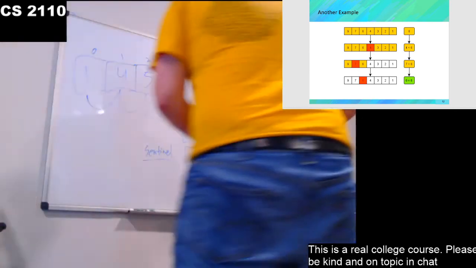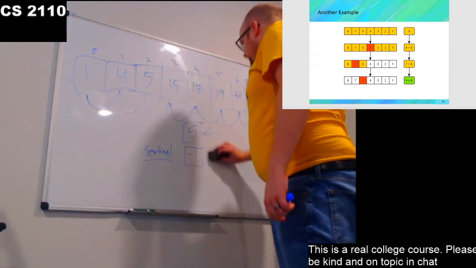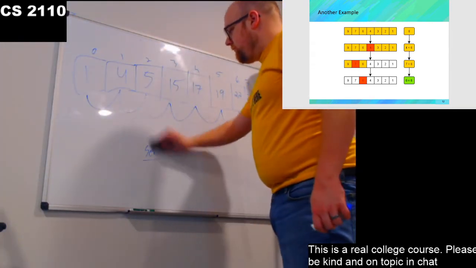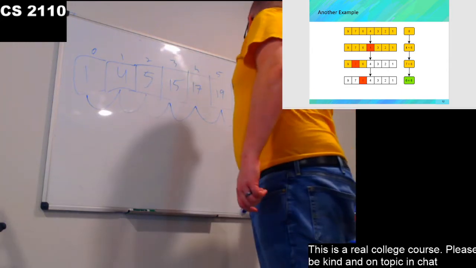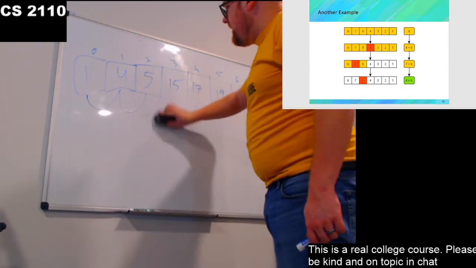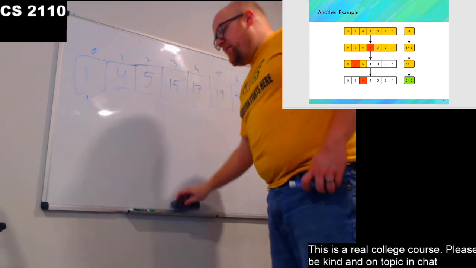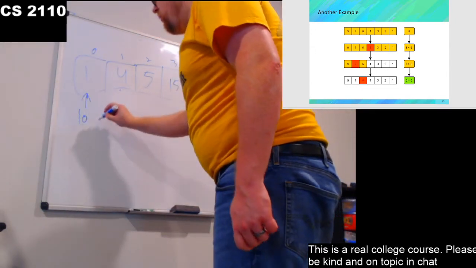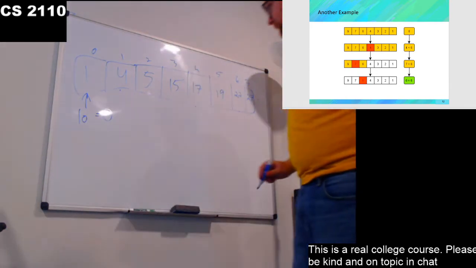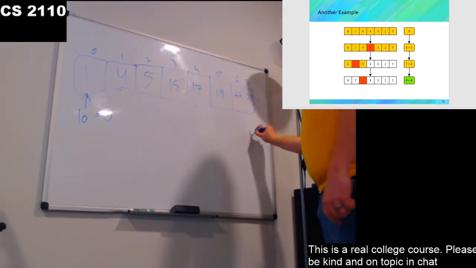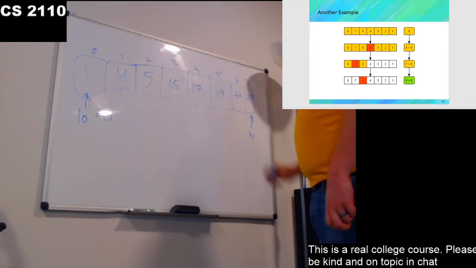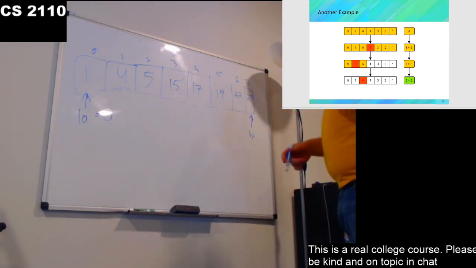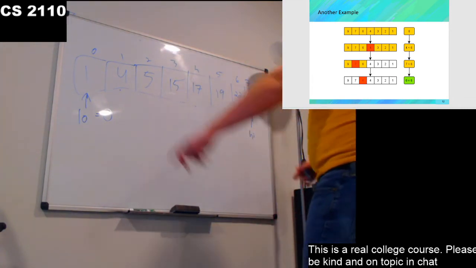The way I'm going to do my binary search is I'm going to define a low, which equals 0, and a high, which equals 7. And I'm going to assume that my value is somewhere between low and high.